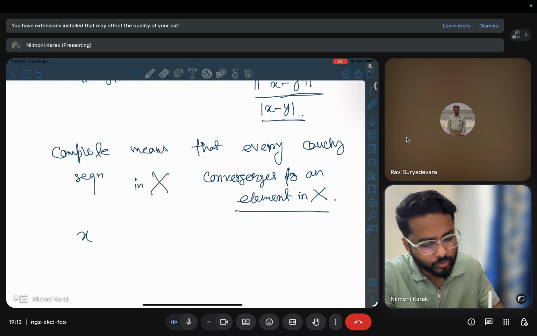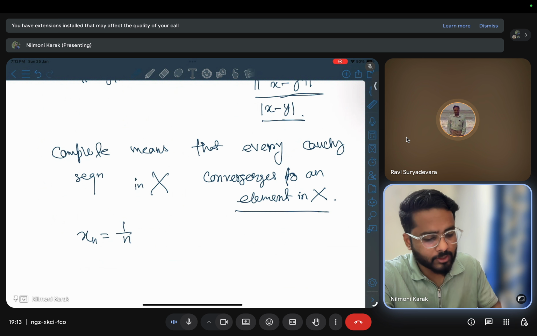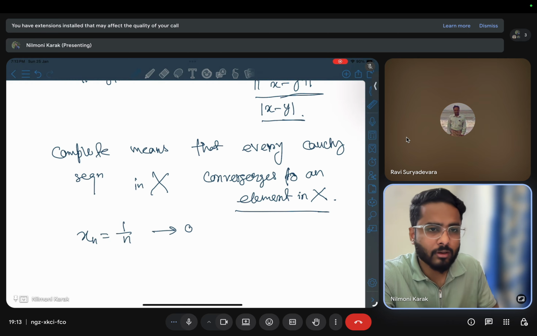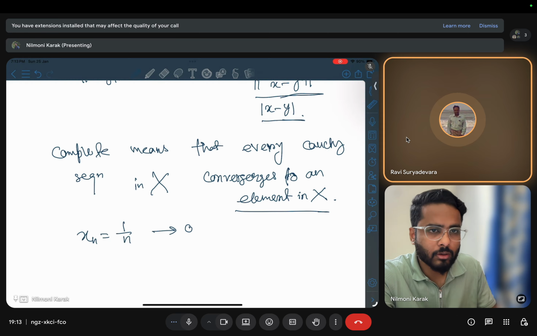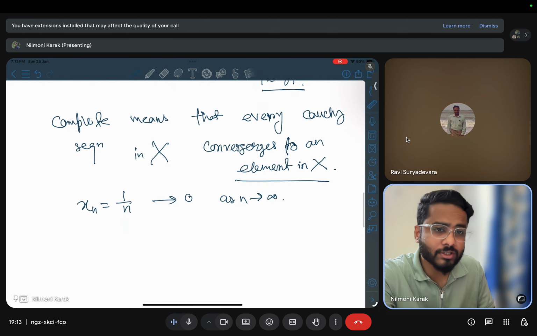If you consider the sequence xn equals 1 by n, it converges to 0 as n tends to infinity. But is it Cauchy? What is Cauchy?